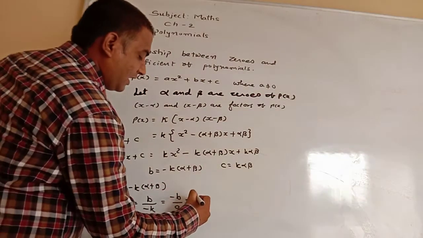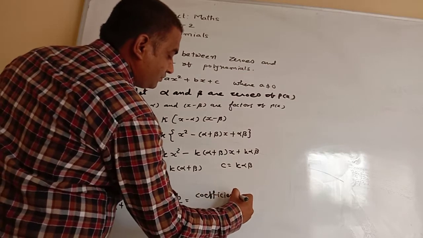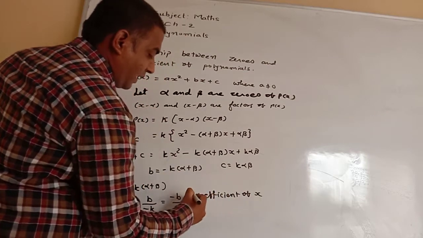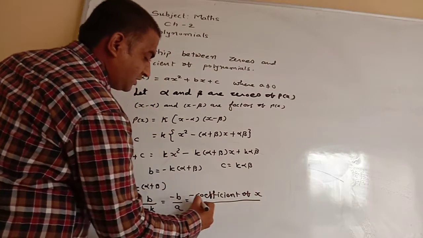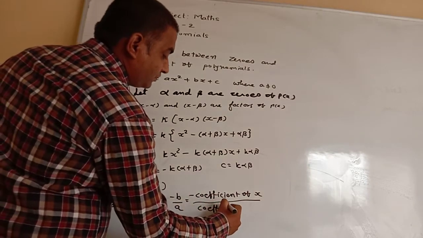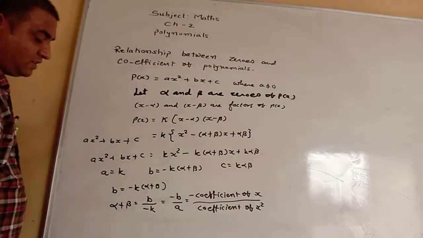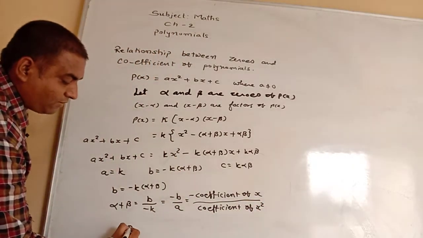So alpha plus beta equals minus coefficient of x upon coefficient of x square.